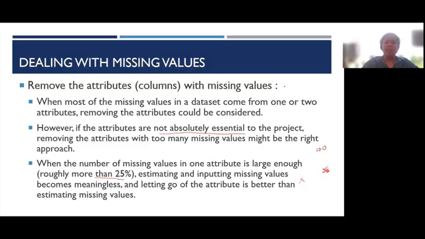In that case, you can't remove that, okay? Only if it is not essential can you remove it. So when most of the values are missing, you remove the attribute. That is one way.